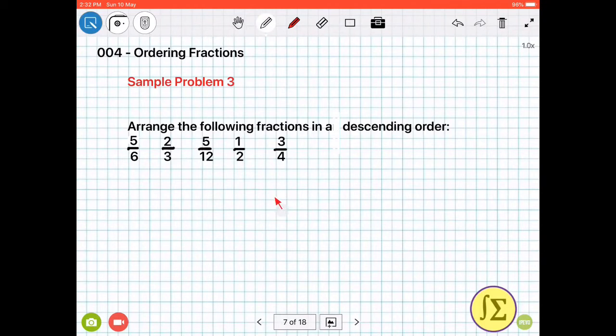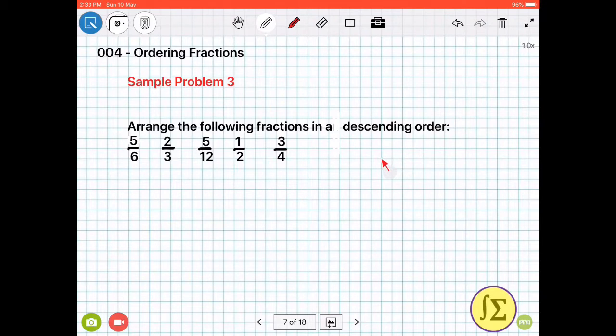So this one says arrange the following fractions in a descending order, okay? The first thing we're going to do is look at the denominators. They're all different, right? But there is a relationship between these denominators. As you can see, they're all factors of 12, right? 12 can be divided by 12, 12 can be divided by 6, it can be divided by 3, it can be divided by 2, and 12 can also be divided by 4, right?